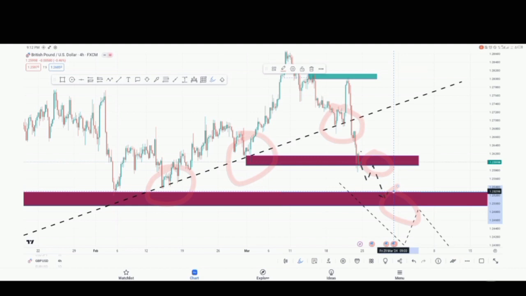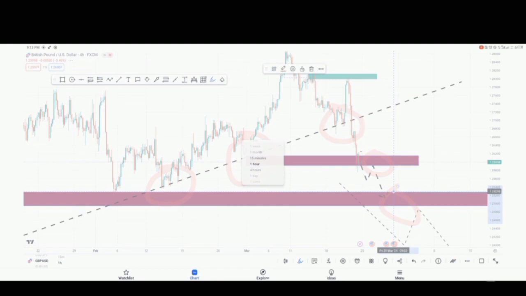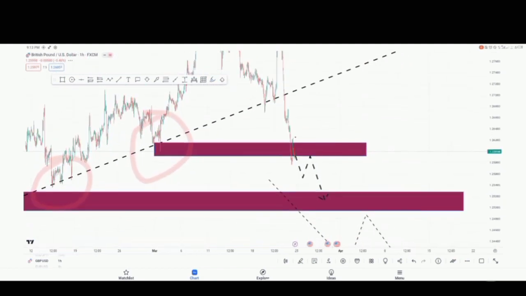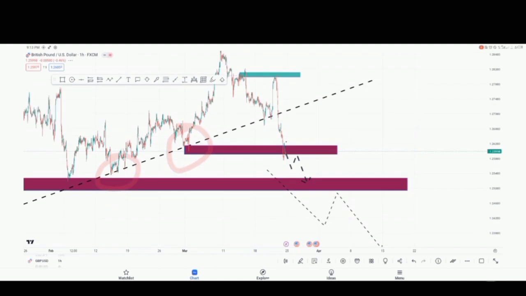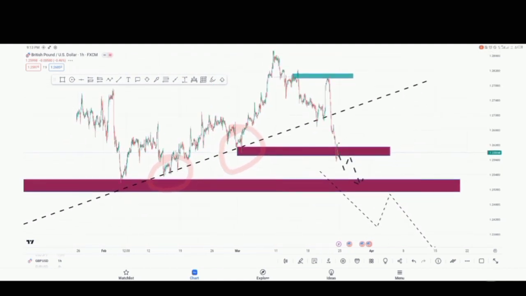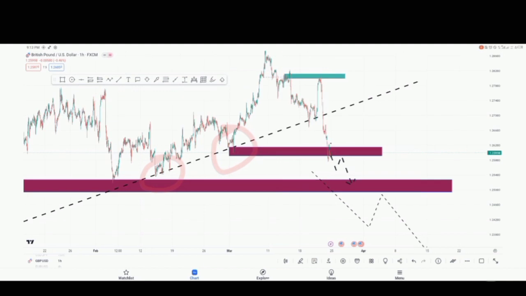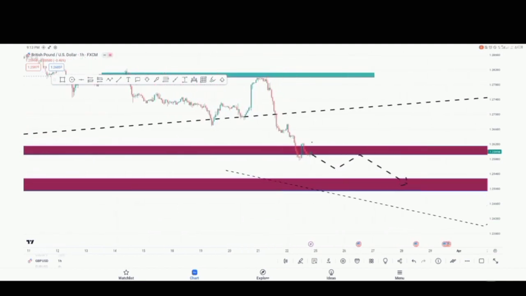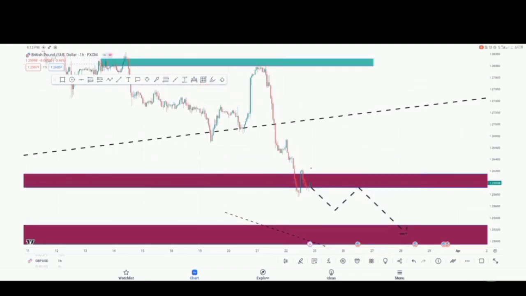So guys, let's move down to the 1 hour time frame and see what we are expecting. Okay guys, still on GBPUSD, this is the 1 hour time frame. Not very different from the 4 hours time frame, as you can see. So I'll just zoom out right here to get clarity.